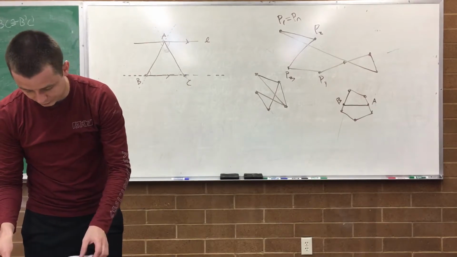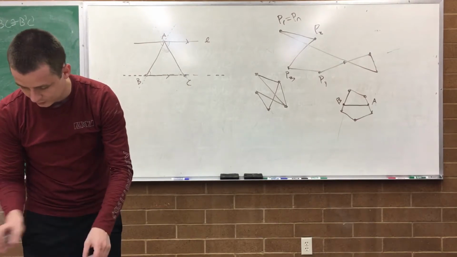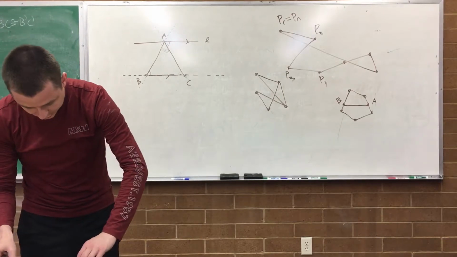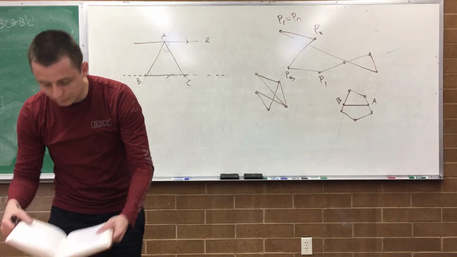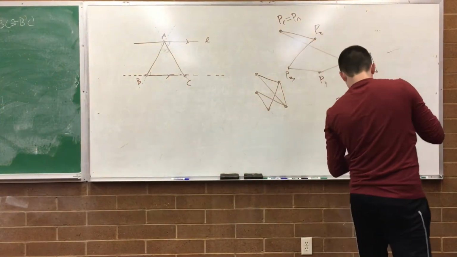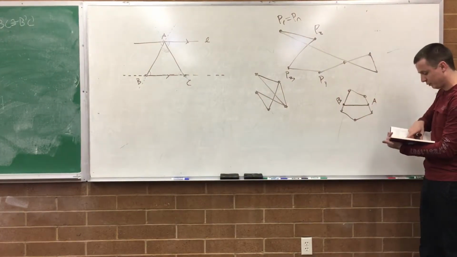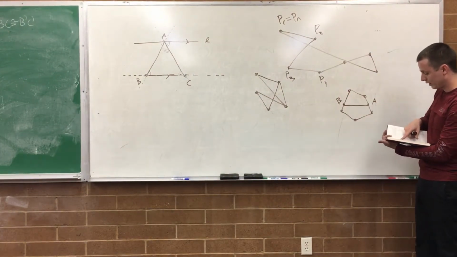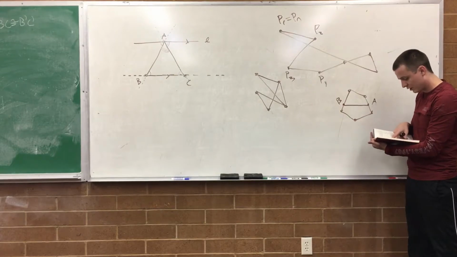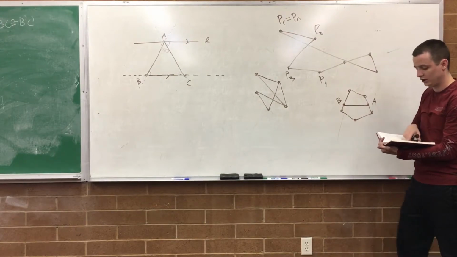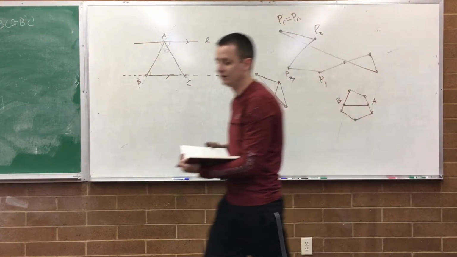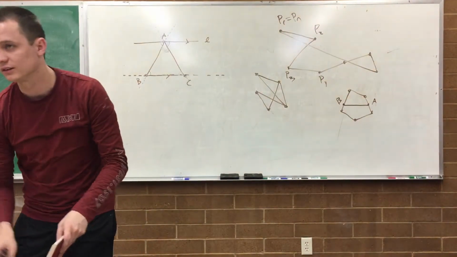Here we are. A simple polygon is called convex if, whenever A and B are points on the polygon, every point of the segment AB lies either on the polygon or in its interior. That's how they say it.